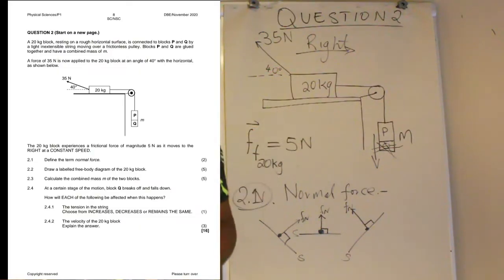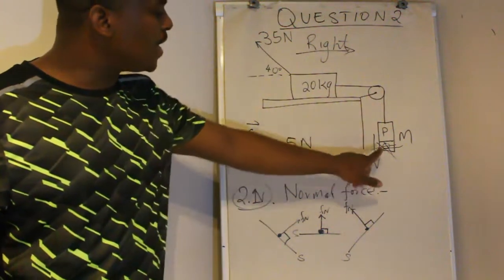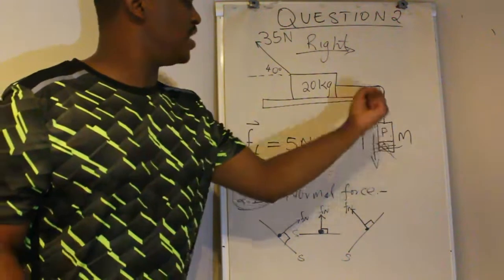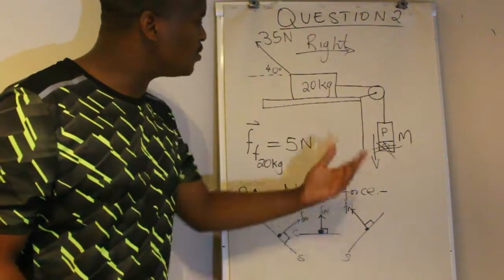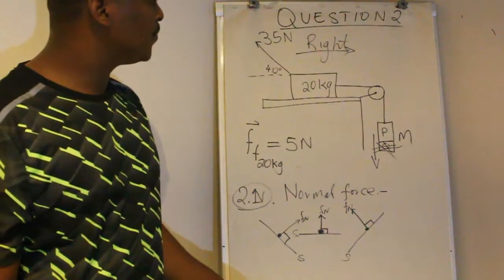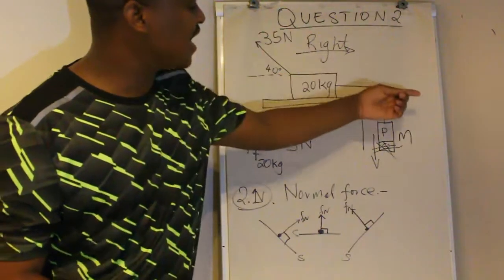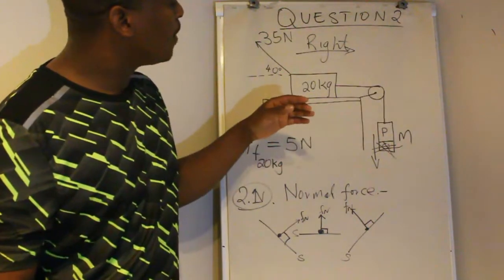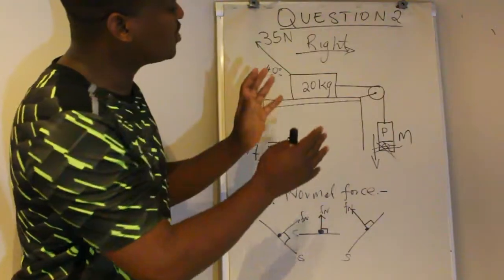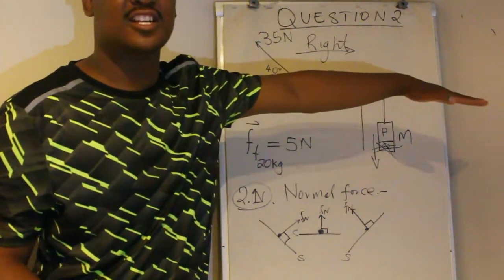Explain the answer. So the 20 kg block is moving to the right. Now, if you're breaking off this, there will be a smaller pulling down power. The velocity will decrease as well, because the net force is in that direction. When you sum all the forces, the more dominant force is the one moving in that direction.